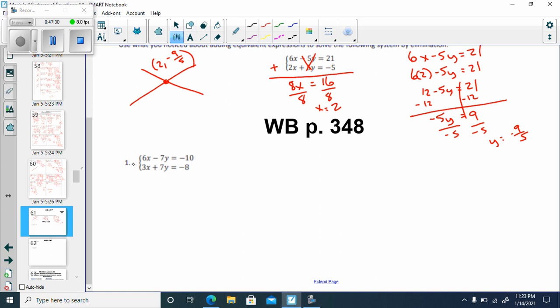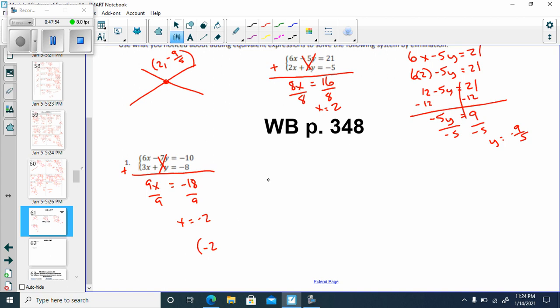What if you're looking at this one? You've got the same situation. There's no x is equal to or y is equal to, so you got to use elimination. Negative 7y plus 7y would be 0, so I've got 9x, this is gone, is equal to negative 18. Divide by 9, x is equal to negative 2.